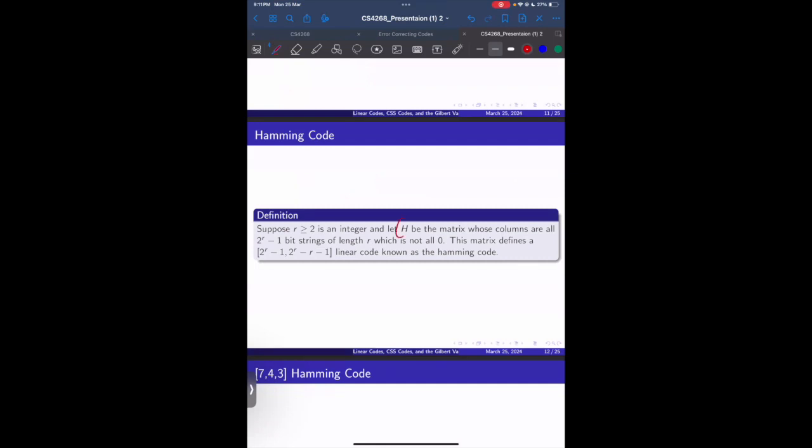And see that we only need to define H here, right? Because it's actually sufficient to define the parity check matrix only. Because H will tell us what the set of code words are, right? Because recall that C is the kernel of H, right?